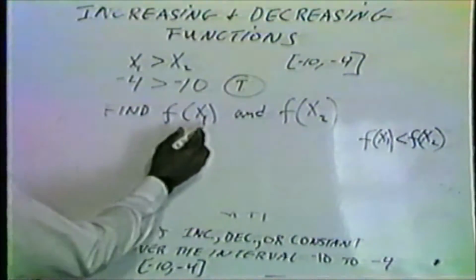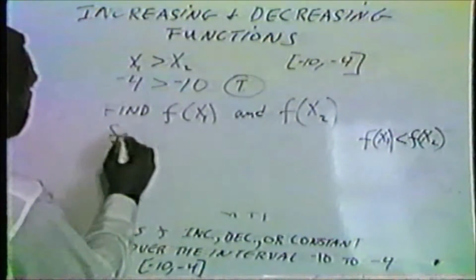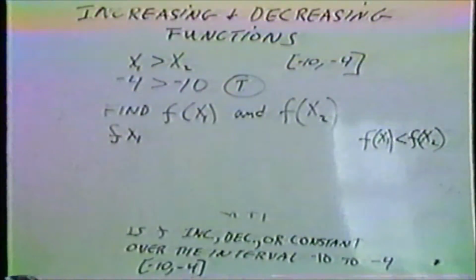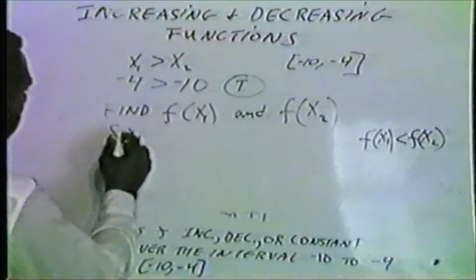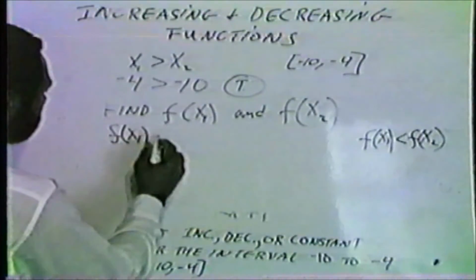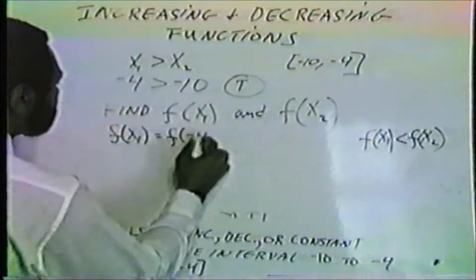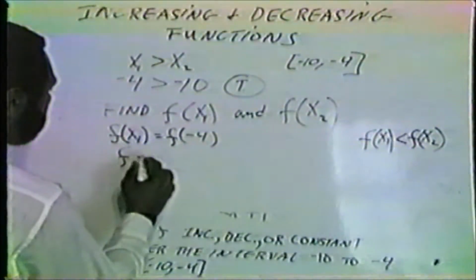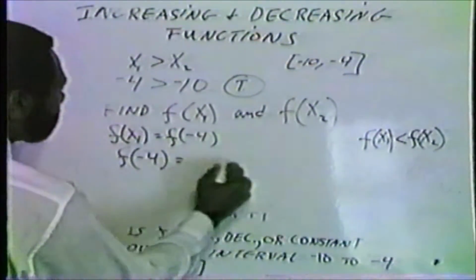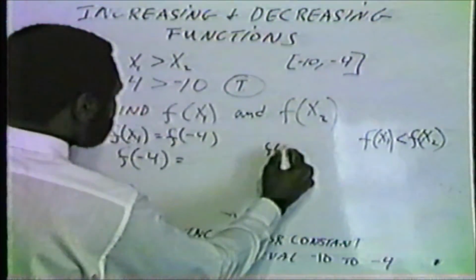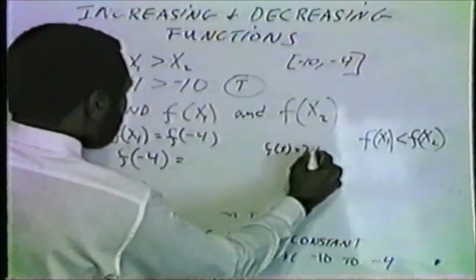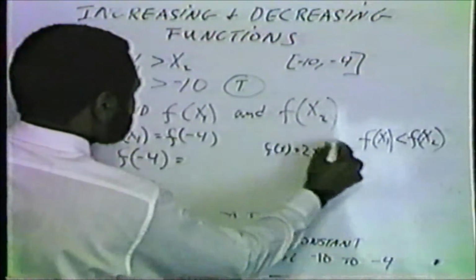Now, to find f of x of 1, we have to substitute the value for x of 1 into our original equation. So f of x of 1 is f of negative 4. Remember, the original equation was f of x equals 2x squared plus 1.